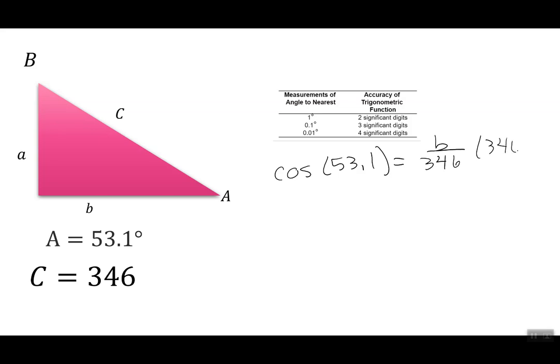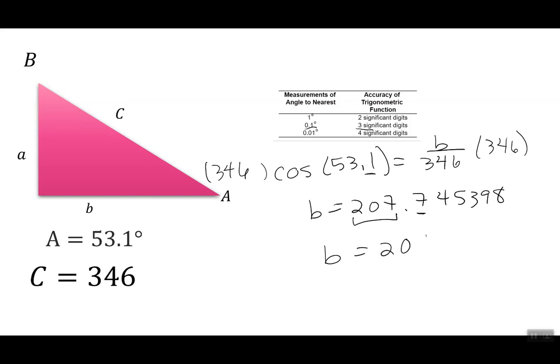Just like last time, I start by multiplying both sides by the denominator of 346. 346 times the cosine of 53.1 says B is 207.745398. Again, I'm making sure we understand what to do with the decimals. We had 1 decimal place in our angle, which says I need 3 significant digits in my answer. The 207 is what I'm looking at. The 0.7 tells me to round up, and B will be 208.